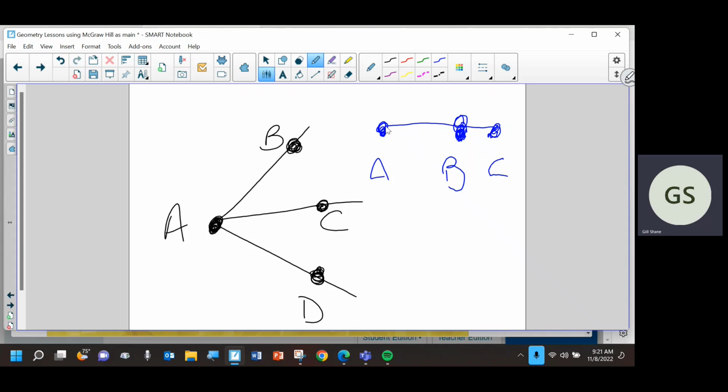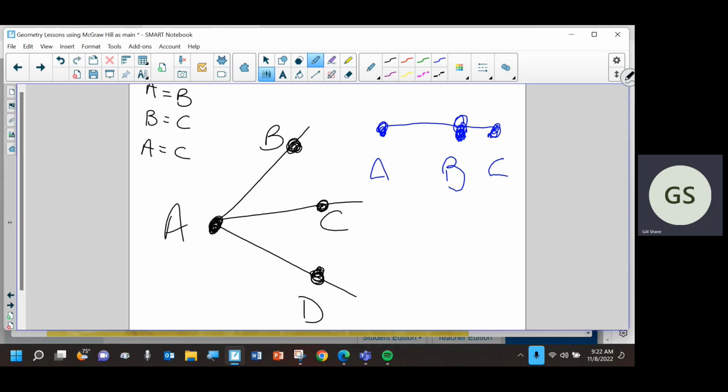Transitive property says if A equals B and B equals C, then we can say A equals C. That's the transitive property. Well, it's kind of like substitution.